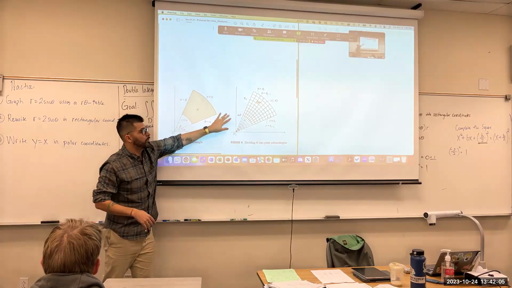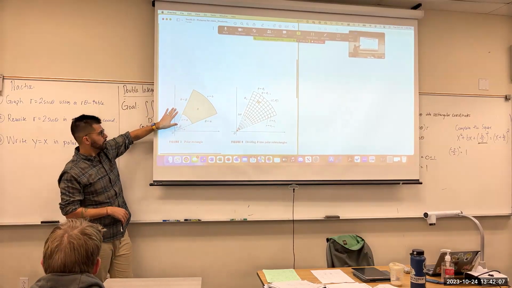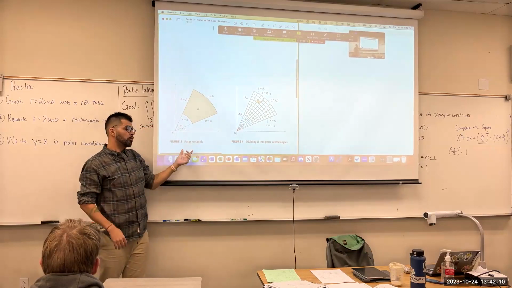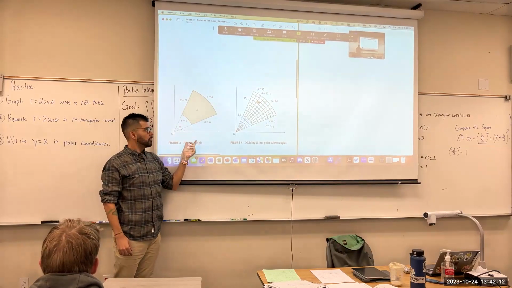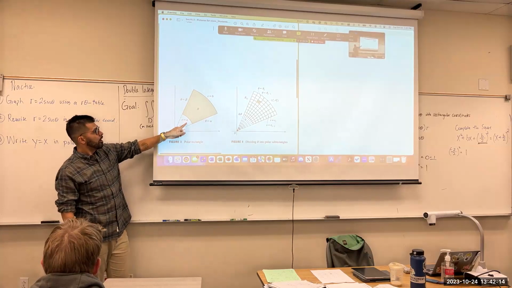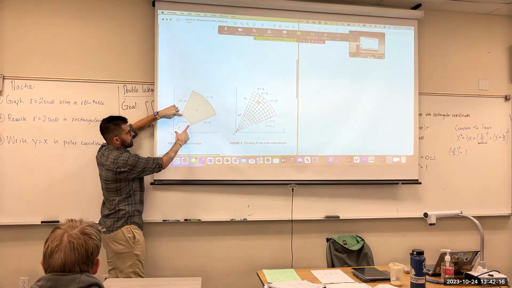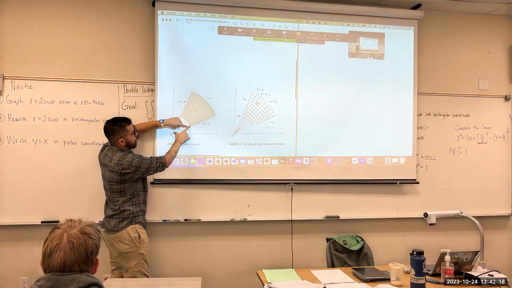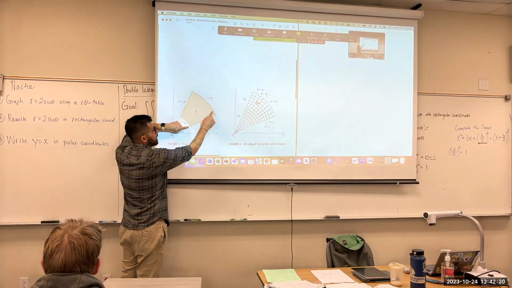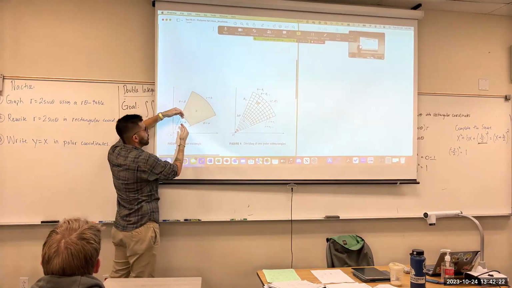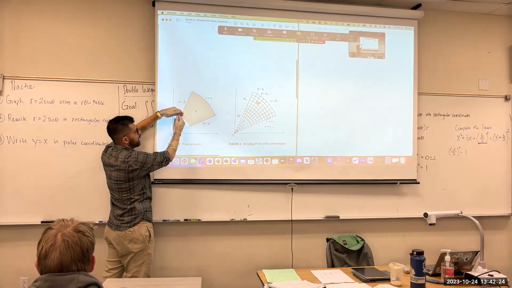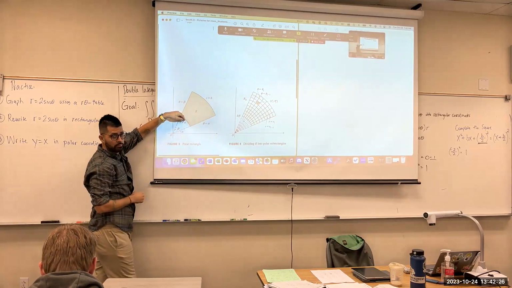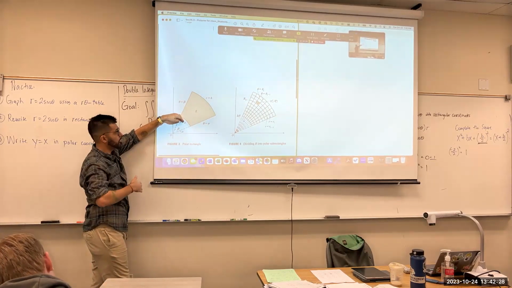So it'll be some kind of region that looks like this, okay? We're going to call this a polar rectangle because r will go from a length A all the way up to a length B. So notice that r will be between some constant A and some constant B. Those are the bounds for r.